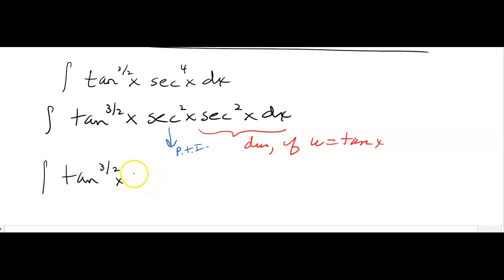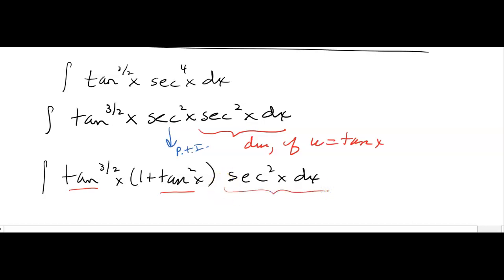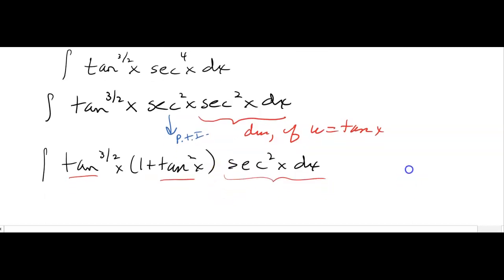Secant squared is 1 plus tan squared. And then I keep my secant squared x dx. As long as the rest of it is in terms of tans, at some point you can let u be tan, and you already got your built-in du. That's kind of your goal from the beginning.